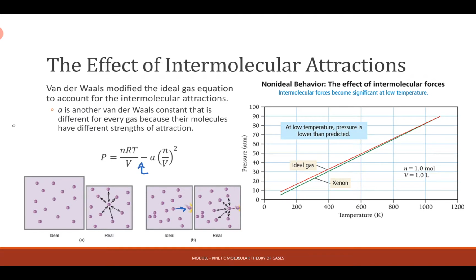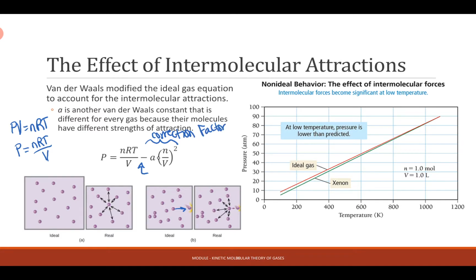And so much like before, we take our ideal gas law, PV is equal to nRT. That's ideal. We solve for P. And then we do a correction to account for what we really observed.